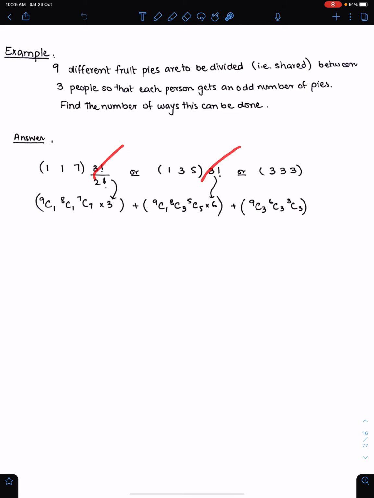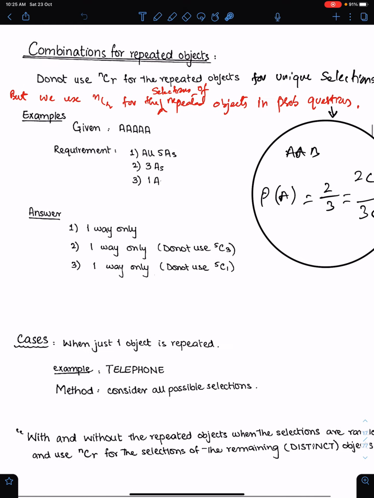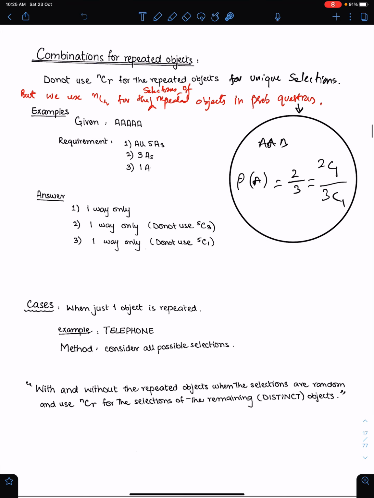Make sure you must use factorial because this order is random. Combinations for repeated objects. Do not use NCR for the selections of repeated objects. This is very important.